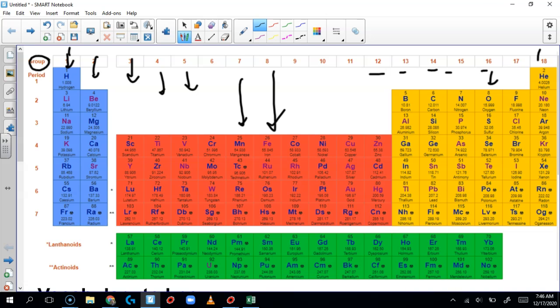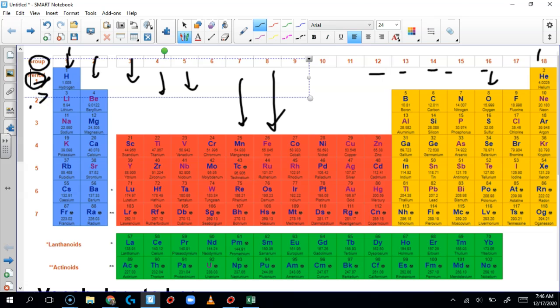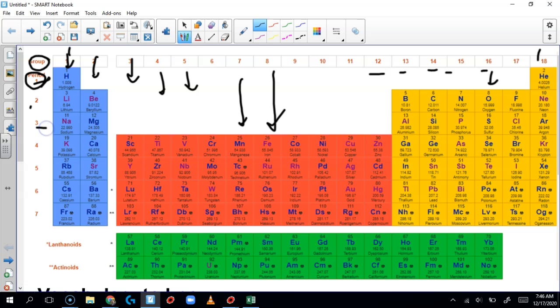Now, in the same way that we label the up and down columns as groups, the periods also get numbered, going this way. So the periods are the left and right rows going across the periodic table. What this does is set up a grid sort of format, so if we look at group 4, period 4, that's going to give us titanium. Okay, Sia would be proud.